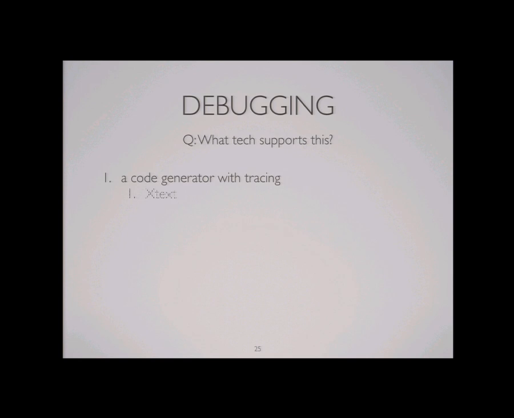The question is, what do we need for it? Obviously, a trace. Xtext can provide that for languages. But secondly, we need a source line mapping aware runtime or debugger. And luckily, the JVM, the Oracle JVM, is exactly that one.